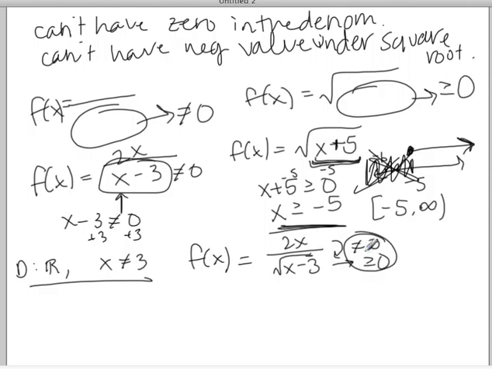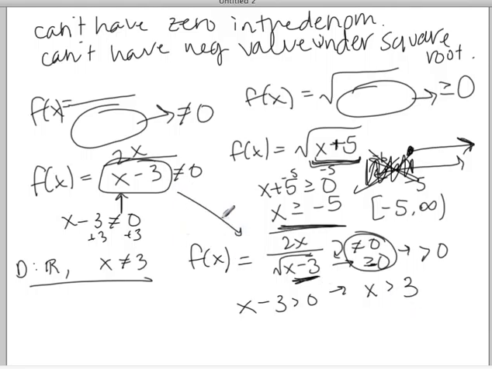It can't be both, because we have not equal to and equal to right here. So the way we fix that is, whatever is under here, if it's in the denominator under a square root, we say it's greater than 0. So all we have to do now is say x minus 3 greater than 0. So that means x must be greater than 3.